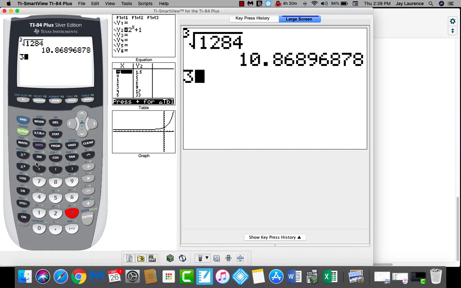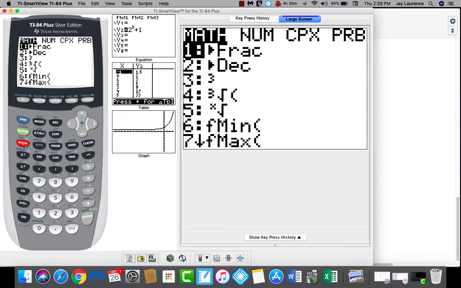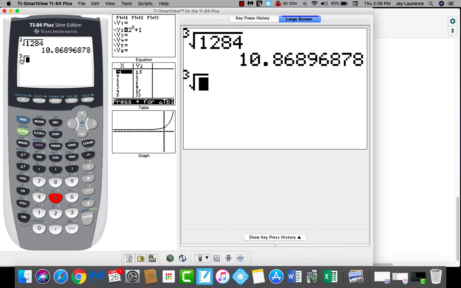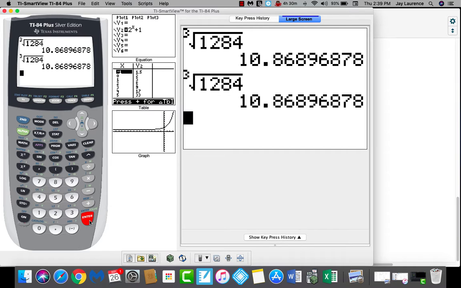Okay, it's called a chevron. And then that would give you this x root thing. So your display would look different than that. But on mine, it would look like that. And then I go 1284.